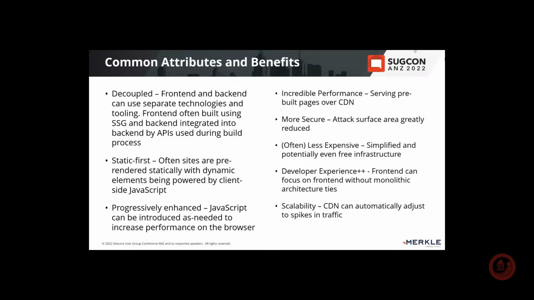Performance is one of the things that is often synonymous with Jamstack. A lot of people hear Jamstack and they immediately think, oh man, it must be really fast, or they're doing this for performance. And Jamstack does lend itself naturally to incredible performance.